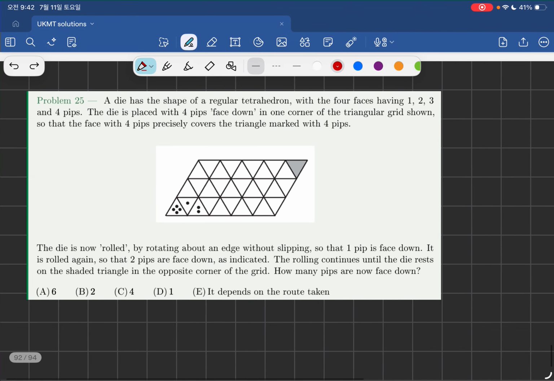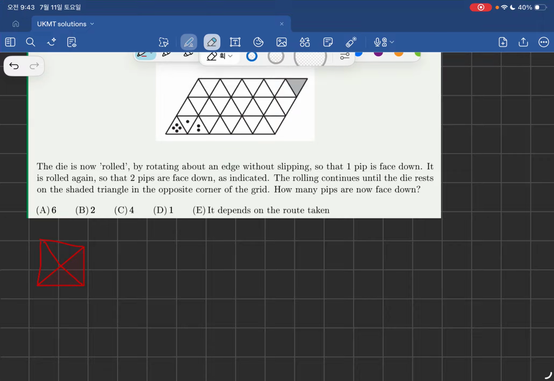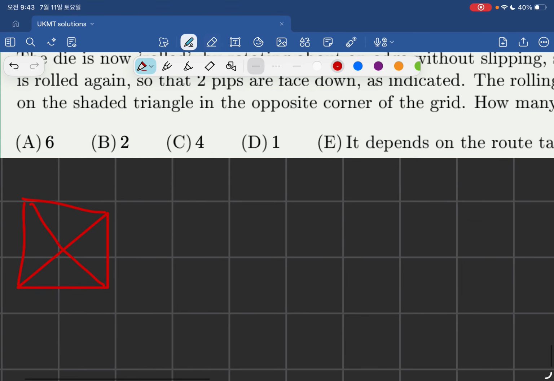Now, it says there's a regular tetrahedron, so let me draw that real quick. There's a triangle, and let's just assume they are regular, okay? Let me delete the shading here, and maybe make the line at the back a dotted line.